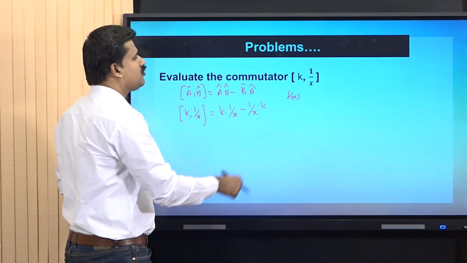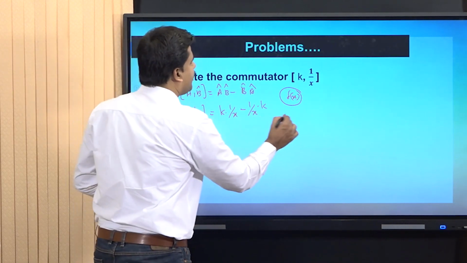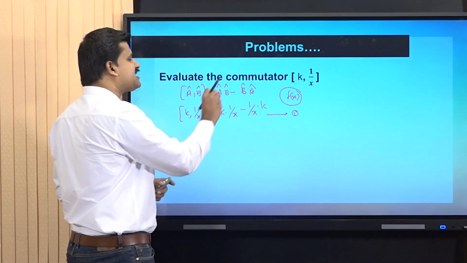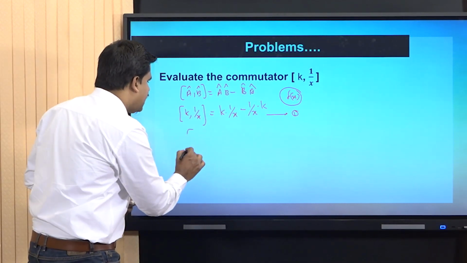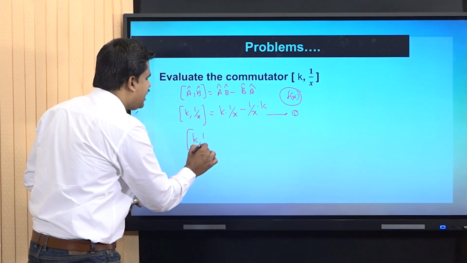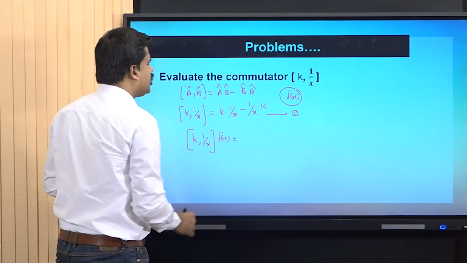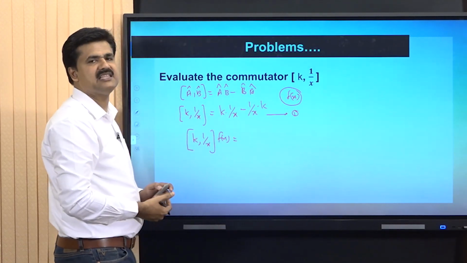So for the present problem, I select an arbitrary operand f of x and I mark this as equation number 1. I am putting f of x on the left hand side and right hand side of equation number 1. Therefore, the commutator of K and 1 by x acting on f of x equals f of x into this quantity. That is, each quantity should be multiplied with f of x.